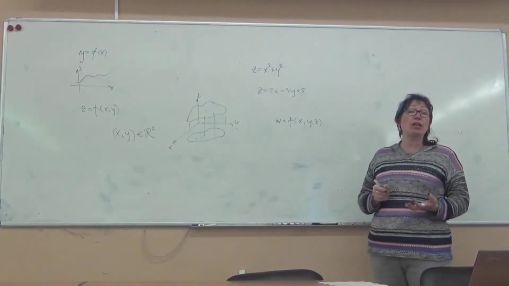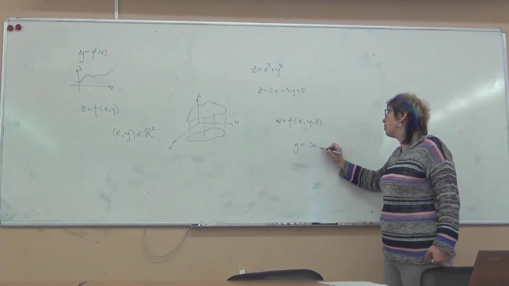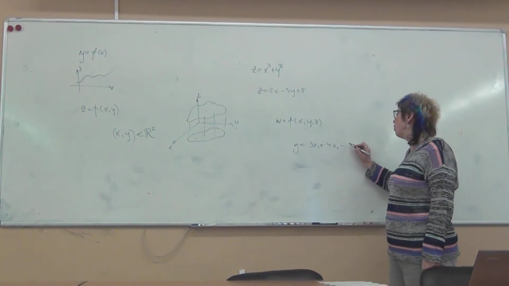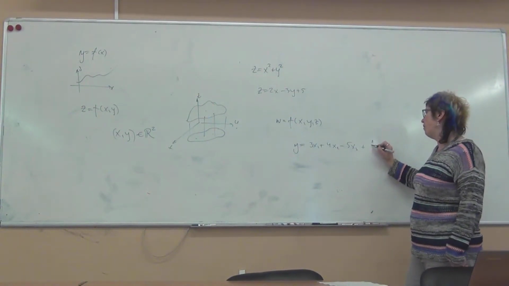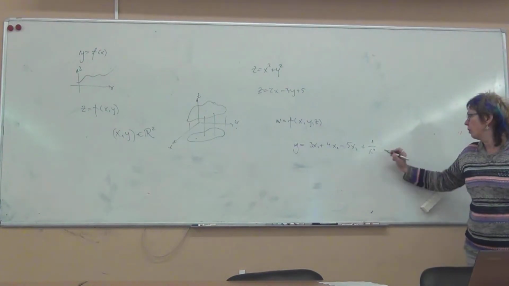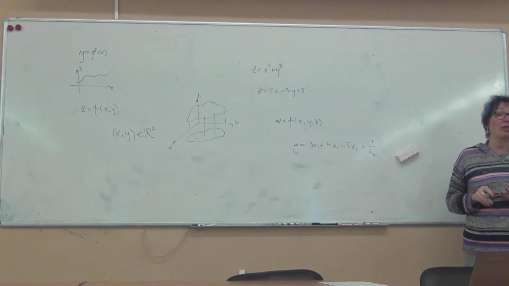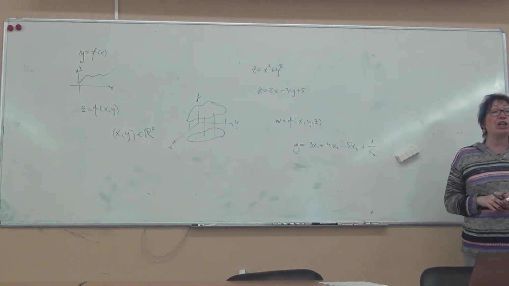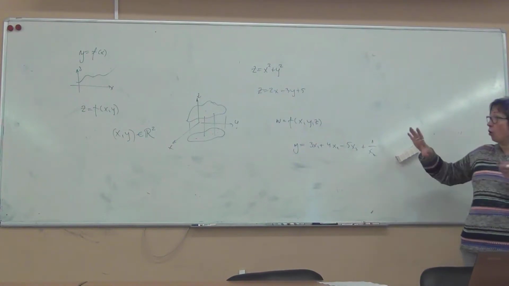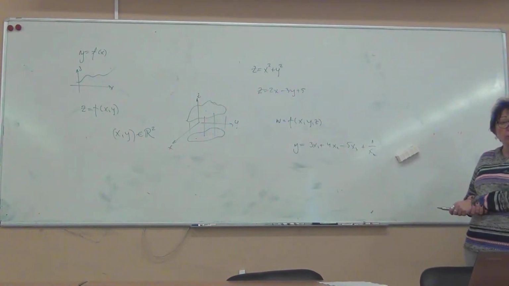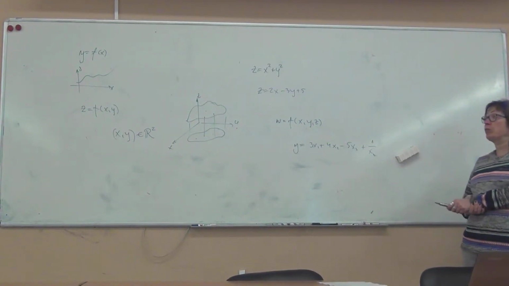So the generalization of a function, we could have y equals 3x1 plus 4x2 minus 5x3 plus whatever, 1 over x4, 4 not to the fourth power. So these are simply examples. We might have anything as long as it's one variable which is dependent on some other variables. Two, maybe 3, maybe 4, so there are endless possibilities.